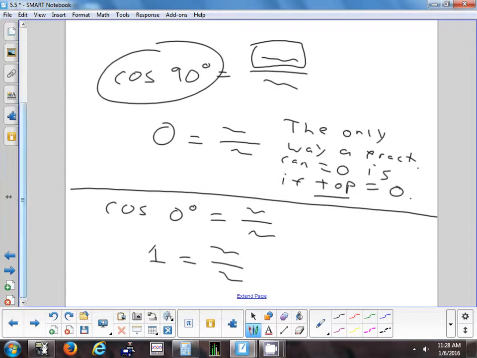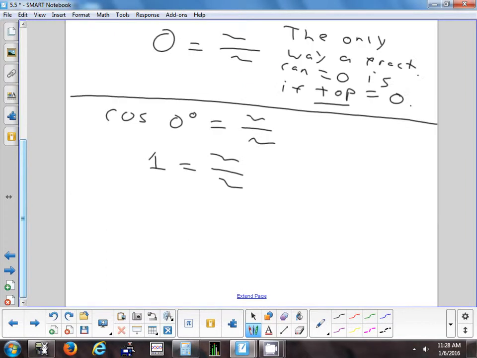We don't quite have the same shortcut, but we can come up with something. What's the only way a fraction equals 1? If the top and bottom are the same. So if the dot product equals the product of the magnitudes, you do have to find the product of the magnitudes here, but if they come out the same, you get parallel.